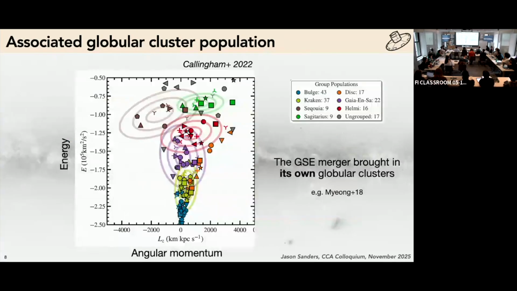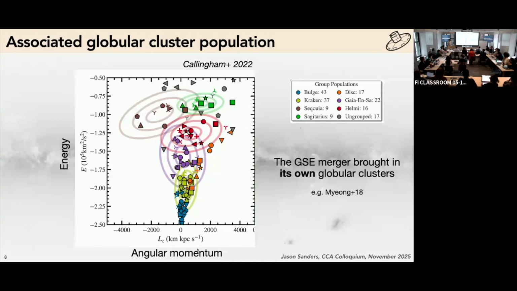And another line of evidence that this is a genuine, distinct event was from identifying globular cluster populations associated with it. Several people have done this. I suppose one of the early works was Myeong's work, and this is a result from Tom Callingham, where if you use energy and angular momentum as descriptors of the orbits of the stars in the galaxy, you can then say, well, can I find globular clusters on very similar orbits?